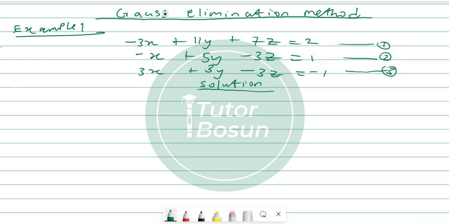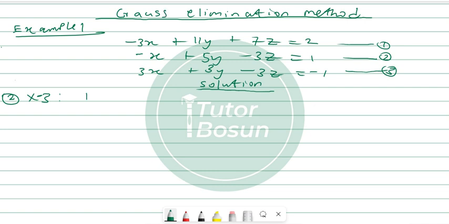So multiplying equation 2 by minus 3, because it will make it become plus 3x. So when you multiply that by minus 3, what do you have?